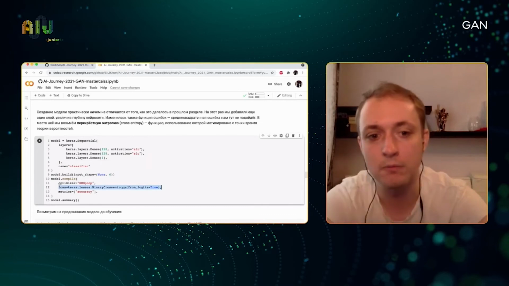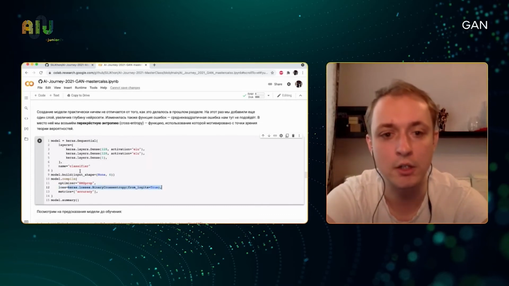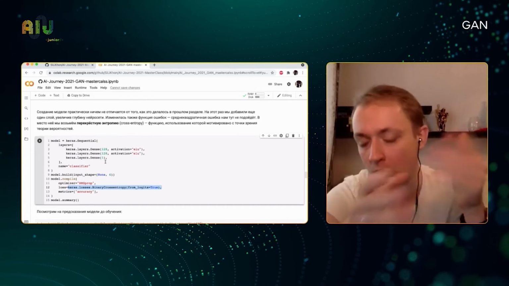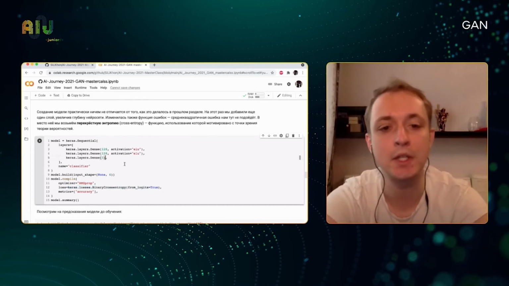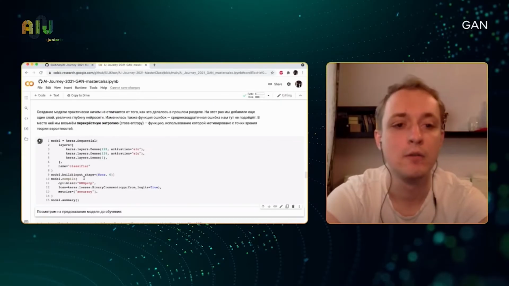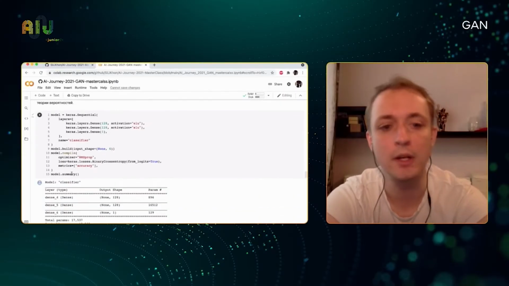There is a function called cross entropy, and we set it here. It would expect the true mark of the class 1 or 0, and the prediction of a model from one infinity to the other. And the loss function would be minimal if the model would predict positive numbers for one class and negative for the other one.